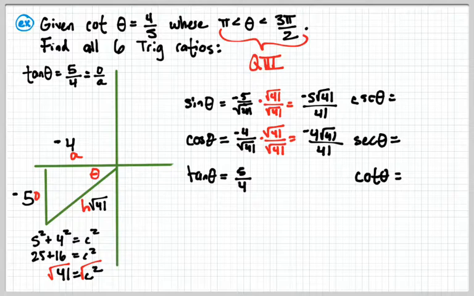Now here's the beauty of the reciprocals. We're just going to flip them over. But are you going to want to flip over this guy? What's problematic about flipping over this one? Radicals on the bottom. So which one are we going to want to flip over? The first one. Right here. If I flip this one over, am I good? These are the same thing. So just flip it over, flip this one over, flip this one over, you're done with the other three, because it's just a reciprocal.